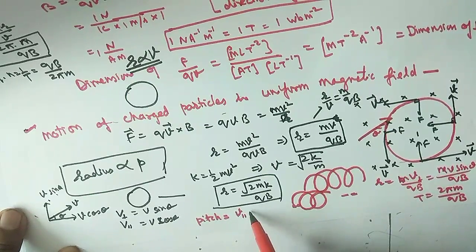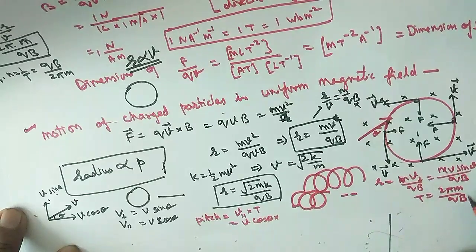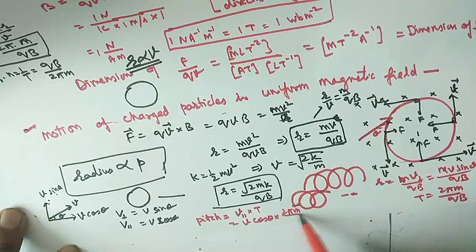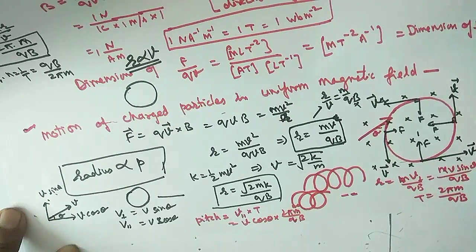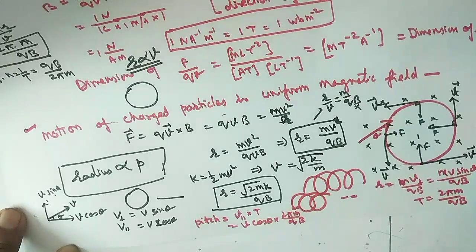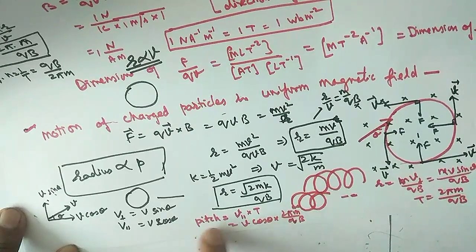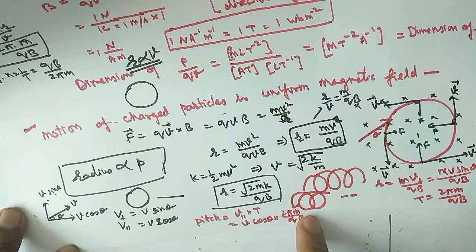So pitch is V parallel into time period T, so we can write V cos theta into 2 pi m upon QB. This is the value of the pitch, which you can find from the formula.